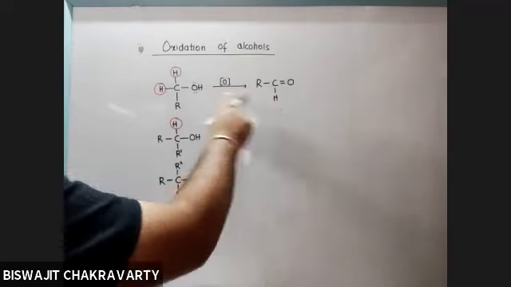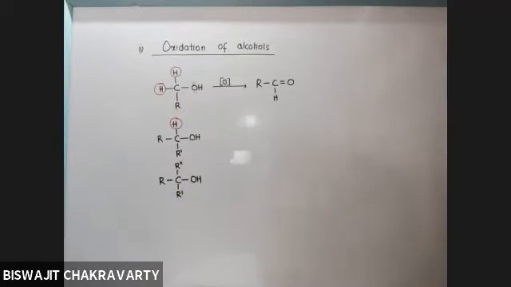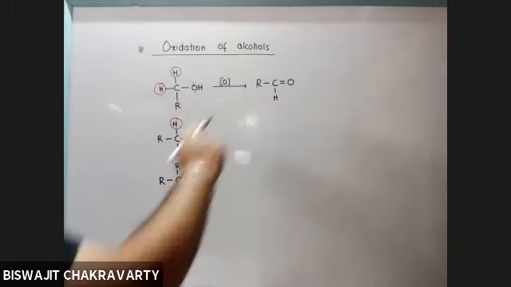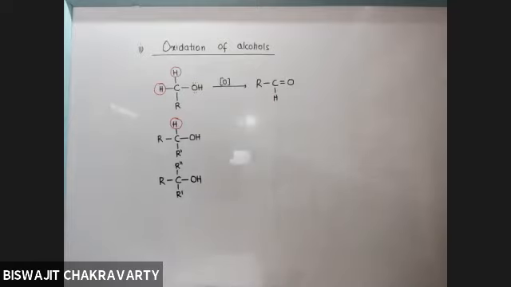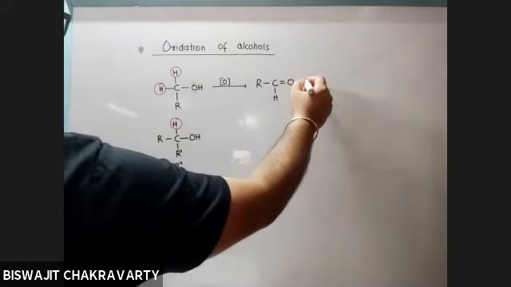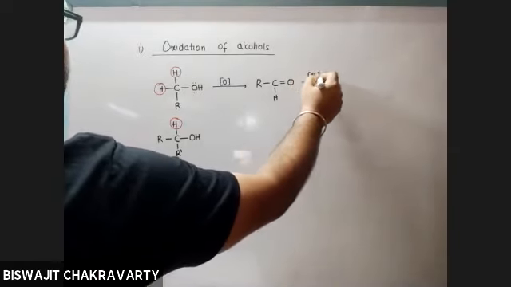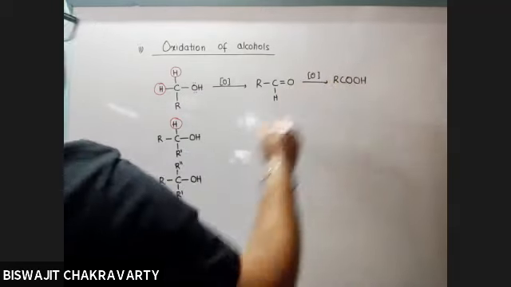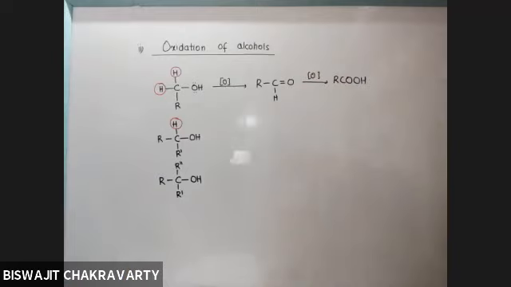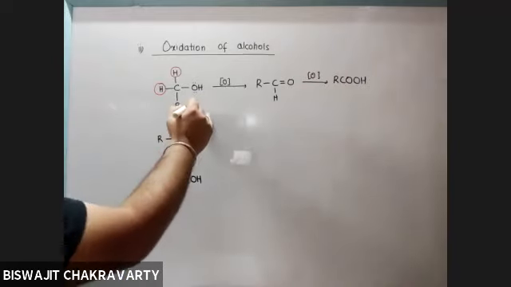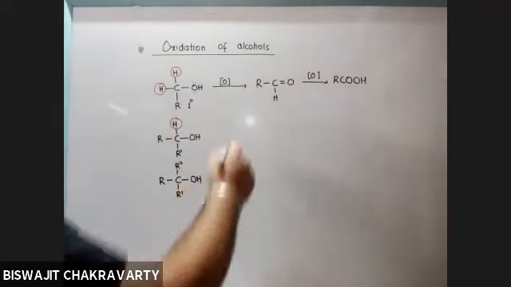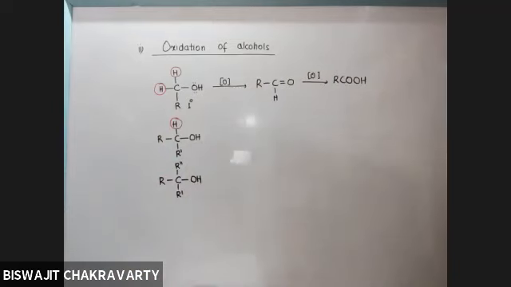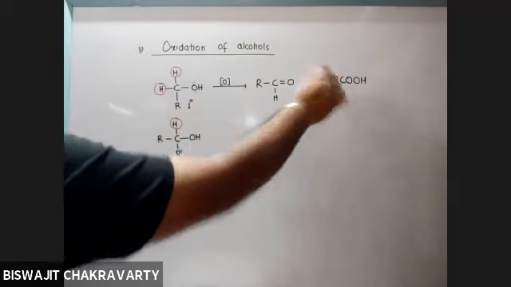But after one hydrogen gets removed, it is still having one oxidizable hydrogen. And therefore, it has a further scope of getting oxidized. And you get carboxylic acid. 1-degree alcohols first get oxidized to aldehydes and then finally get oxidized to carboxylic acid, all containing the same number of carbon atoms.